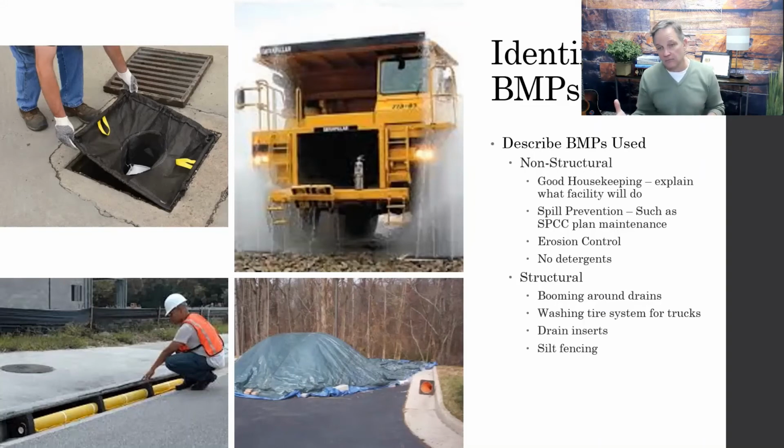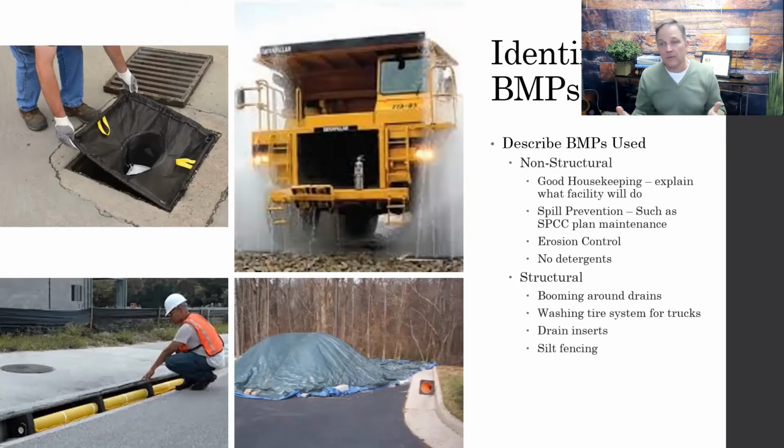Spill prevention plans that are in place, like an SPCC plan, can be cited as one of the things that the facility does and commits to doing to ensure that you don't have oil, for example, going off site. Erosion control activities that may be ongoing, and what you're doing to ensure that you have policies and procedures in place to ensure erosion control.